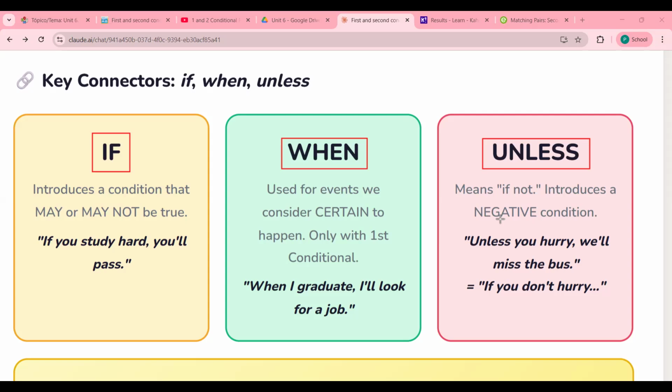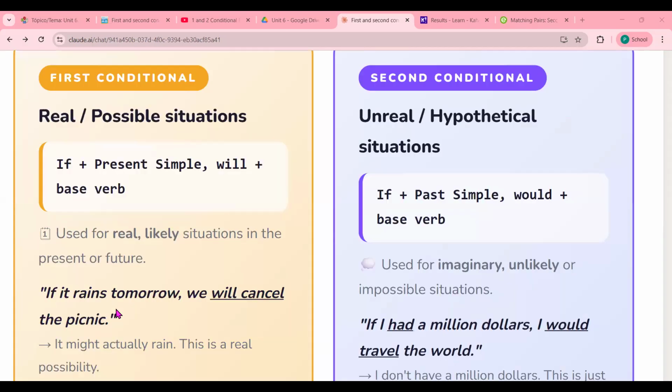But that is a condition. So, one more time, dear students, we recap. First conditional, real possible situations. Well, it's time to practice real and possible situations.